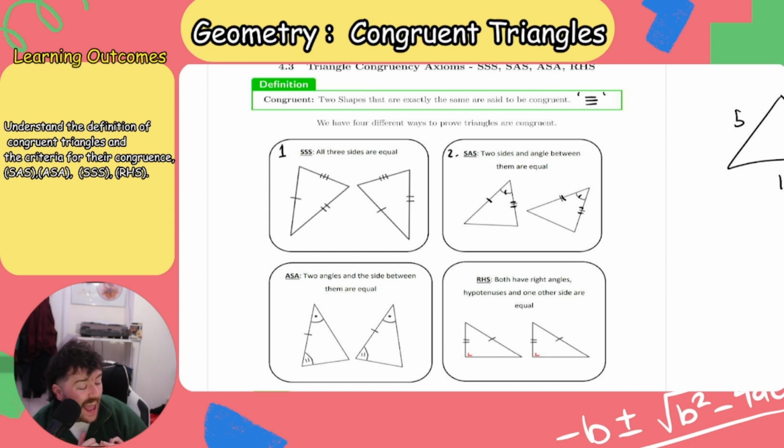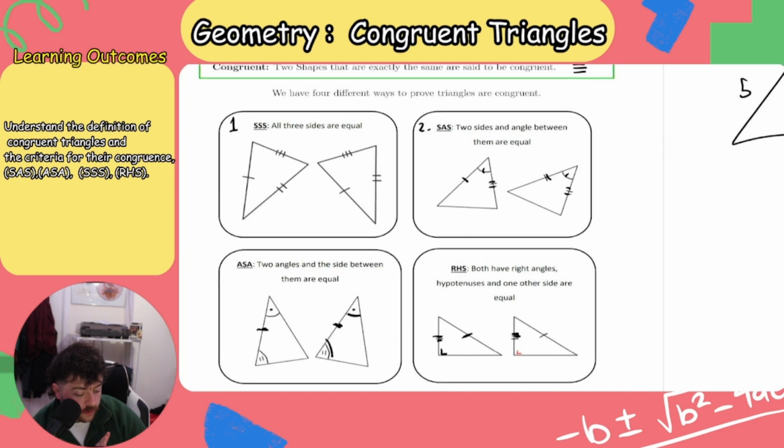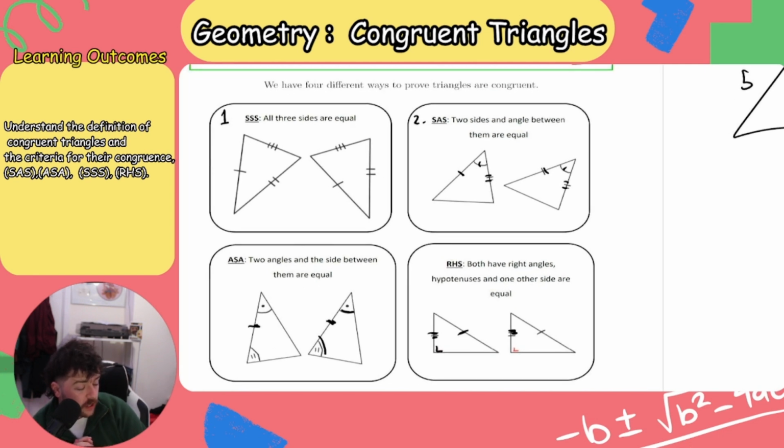Then we have ASA, where 2 angles are the same, and the side between them is the same. And finally we have RHS, where we have a right angle, hypotenuse, and one other side that is the same. And that's it. There are only 4 rules for proving a triangle's congruency.